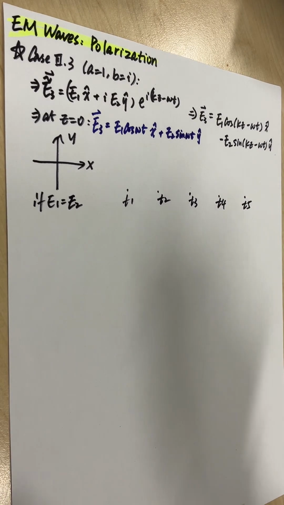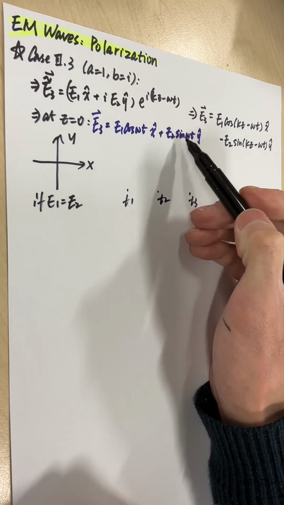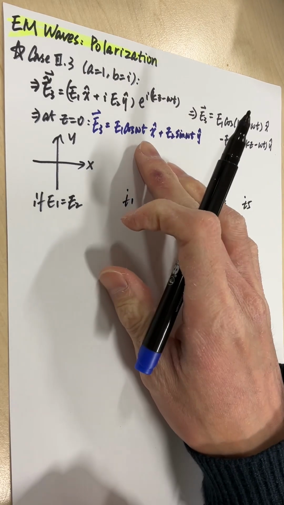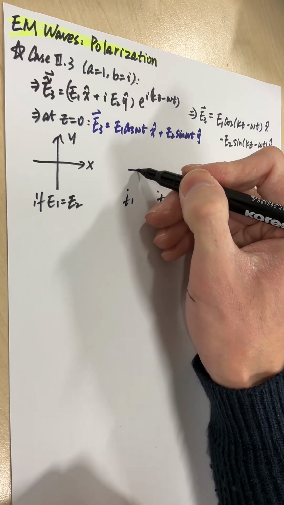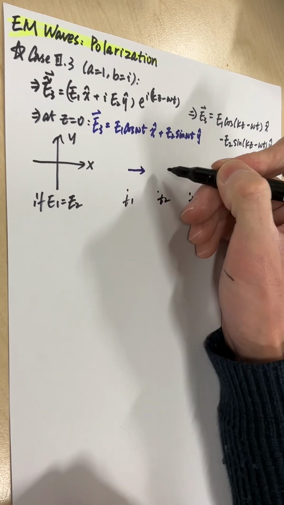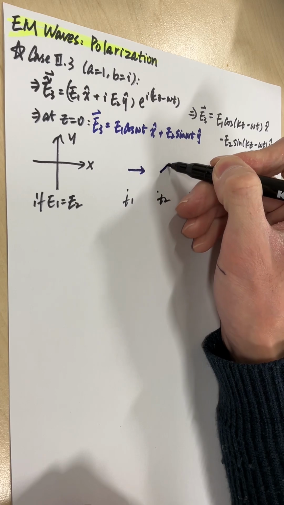So when t equals 0, we only have the x component, we don't have the y component. I start from here, and then afterwards I'll rotate a circle.